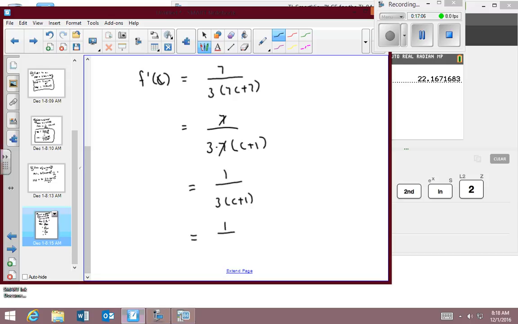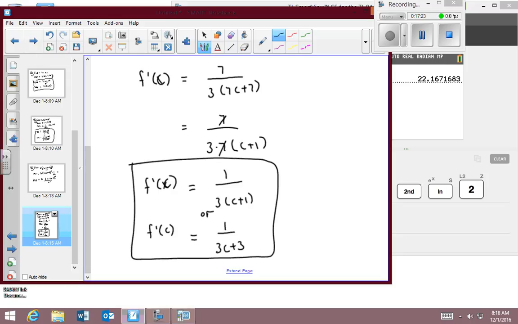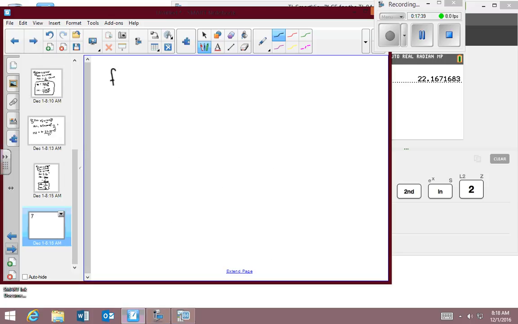Or you could write it as 1 over 3c plus 3. Whichever way, once again, it doesn't make any difference which way you do it.